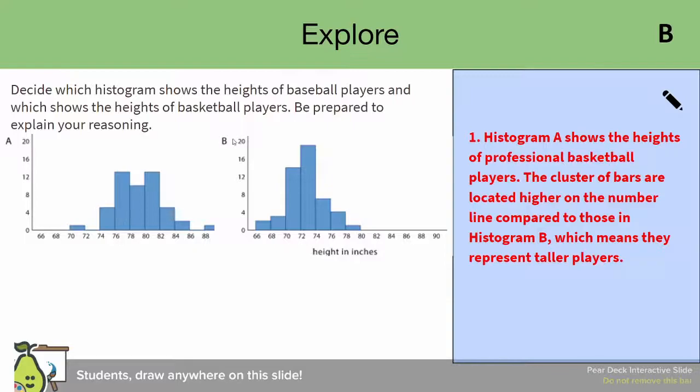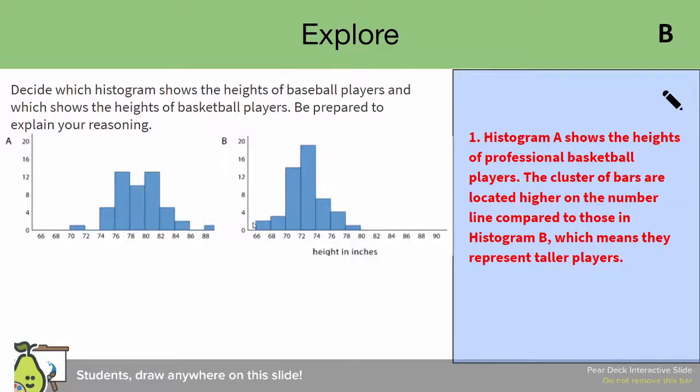In histogram B, even though we have a lot of players between 72 and 74 inches tall, the majority of tall players are in histogram A, because all of the players in the major cluster area are between 74 and 86 inches tall. Those are really tall players.